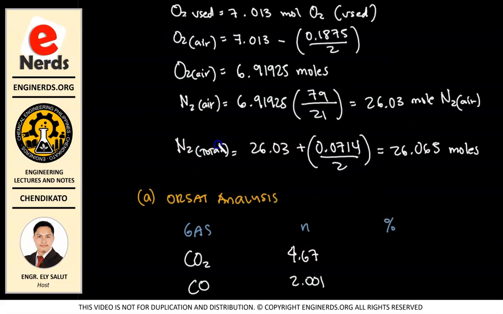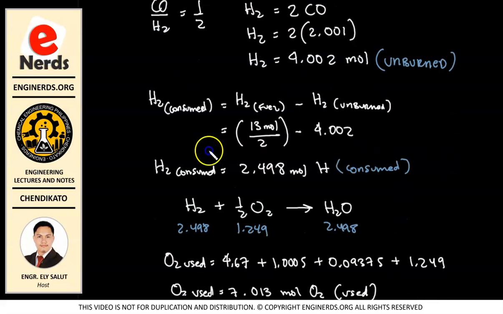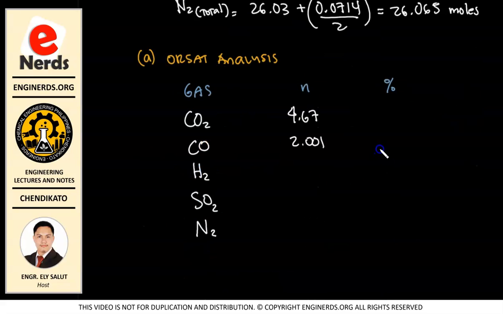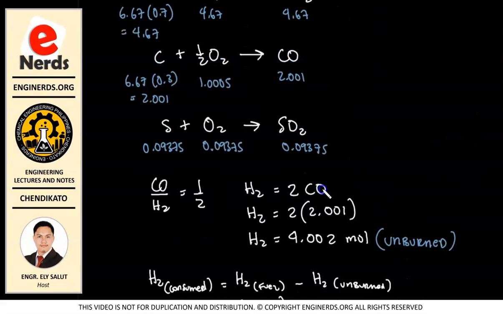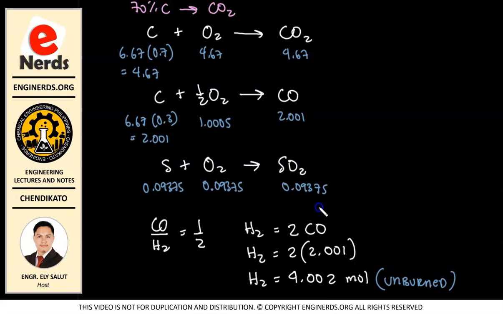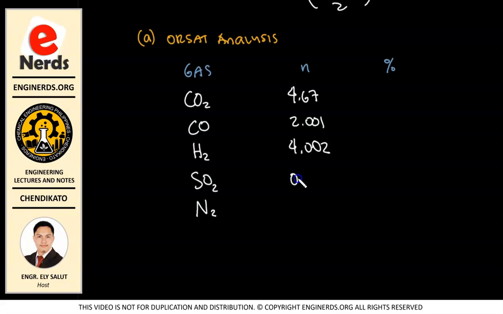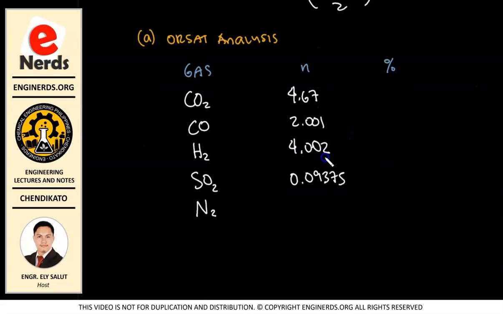For H2, we have our unburned H2, which is 4.002. For SO2, we have 0.09375. And for N2, we have our N2 total here, which is 26.065.